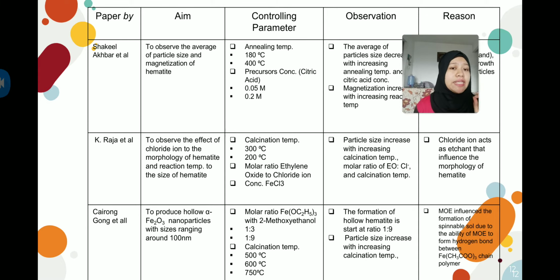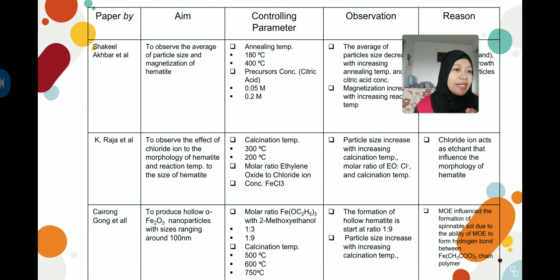Okay, last is Chironga et al. They wanted to produce hollow alpha-hematite nanoparticles with a size around 100 nanometers. The controlling parameters are the molar ratio of ferric alkoxide to 2-methoxyethanol and the calcination temperature. They found that the formation of hollow hematite starts at a ratio of 1:9 compared to 1:3, and the particle size increases with increasing calcination temperature.